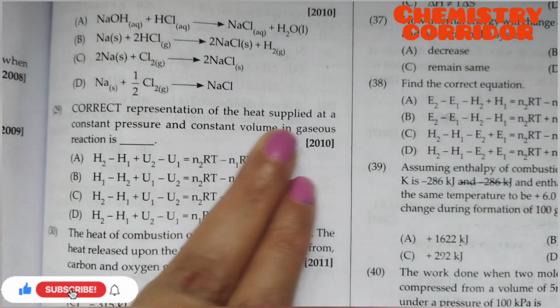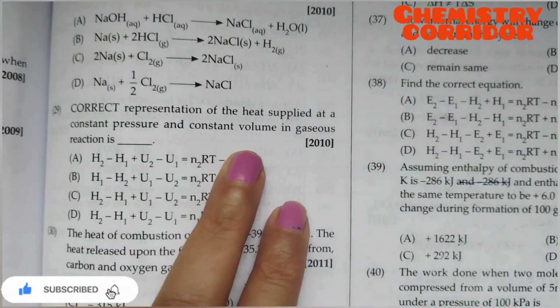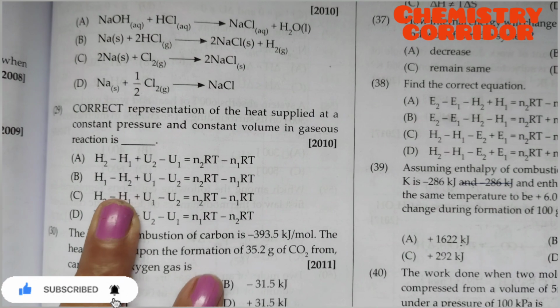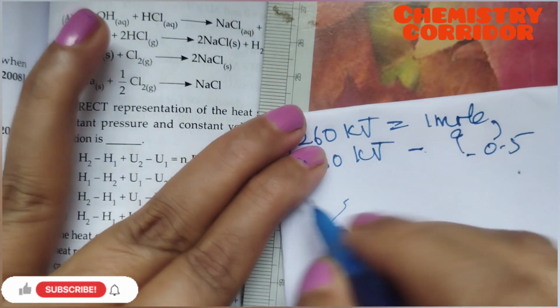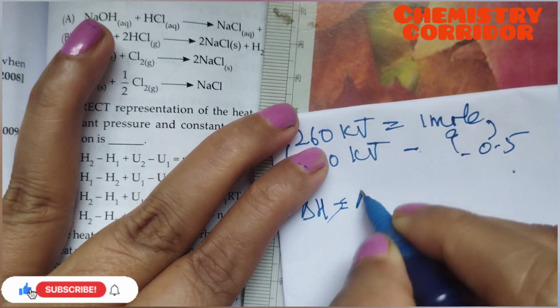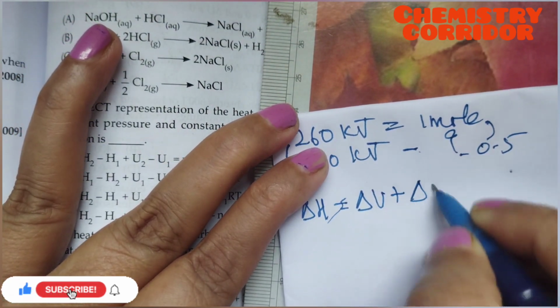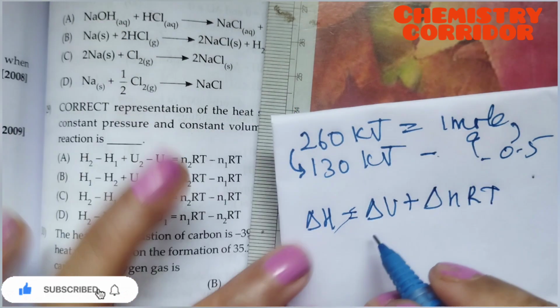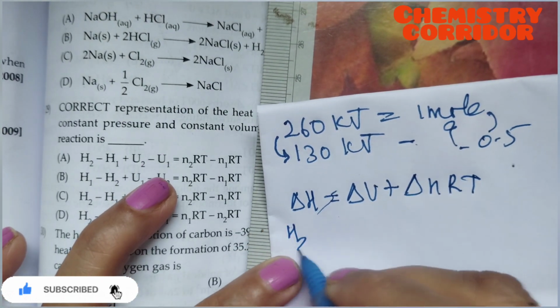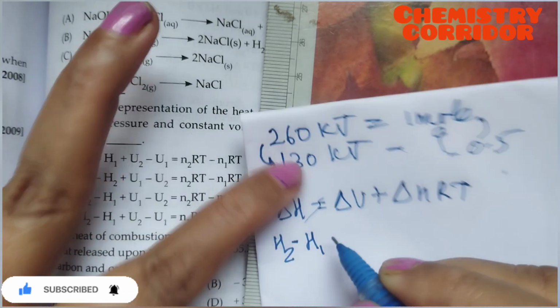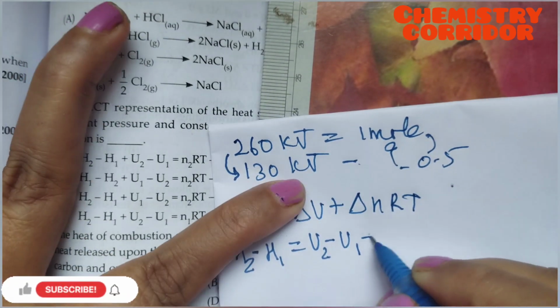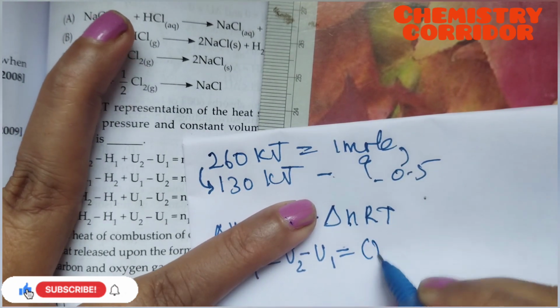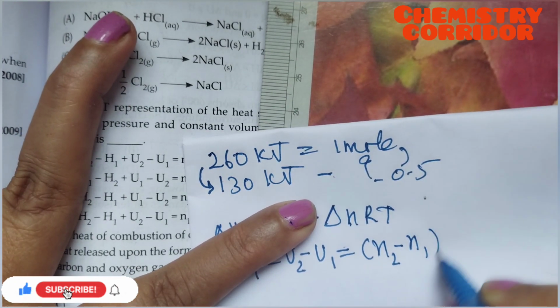Correct representation of heat supplied at constant pressure and volume can be given as. Now what is the equation for this student? The equation is delta H is equal to delta U plus delta n RT. What is delta H? Delta H is H2 minus H1. What is delta U? It is U2 minus U1. And what is this? I can write it as n2 minus n1 RT.